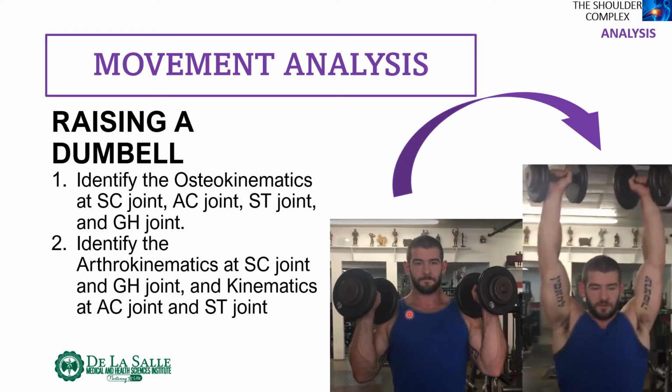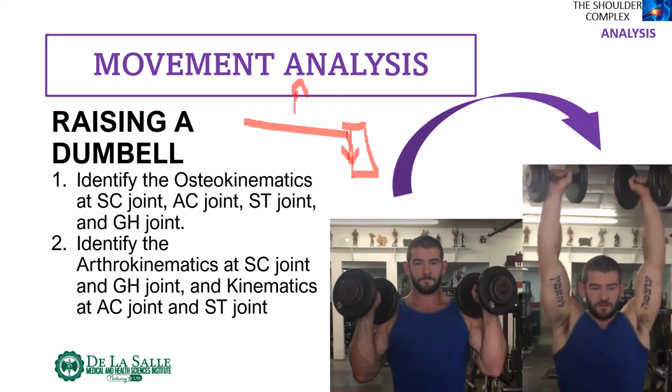So the convex articular surface of the sternal end of the clavicle rolls superiorly, so just follow the shaft of the clavicle. Okay, so during elevation, this is your clavicle, sternum. During elevation, the shaft goes superiorly, therefore the roll is also superiorly. So the convex articular surface of the clavicle rolls superiorly and slides inferiorly.